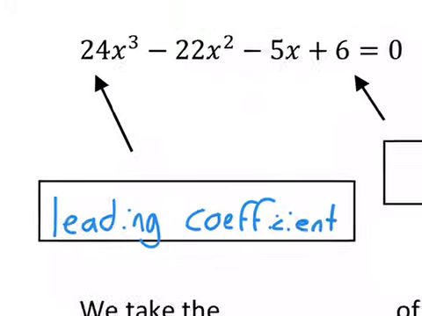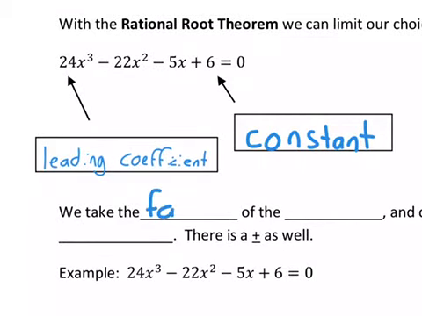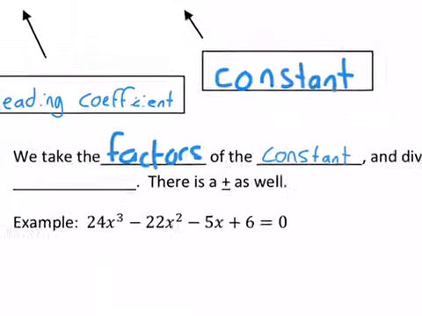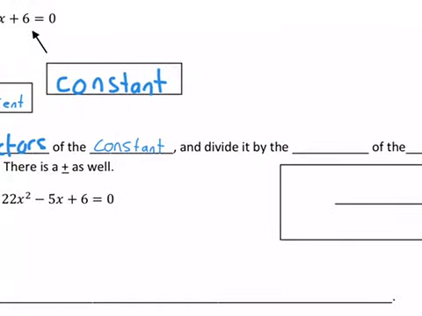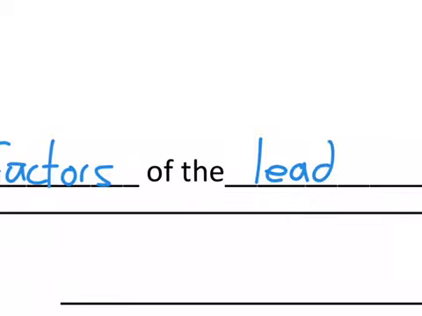All right, because it's the number all the way out in front. And then the 6 at the end, that's called the constant. What we'll be doing is taking the factors of the constant, so we'll actually start with the number on the end, and divide it by the factors of the leading coefficient, so the number out front.